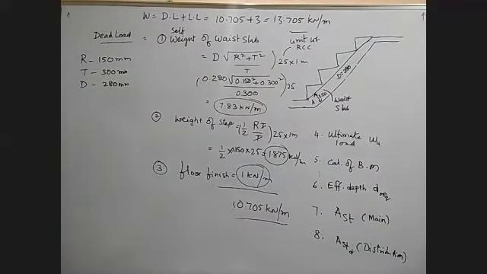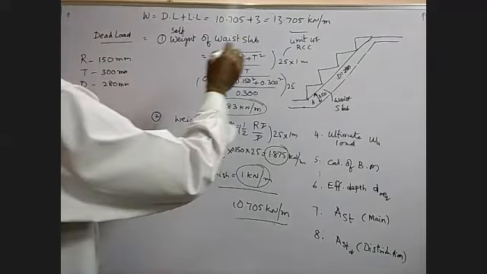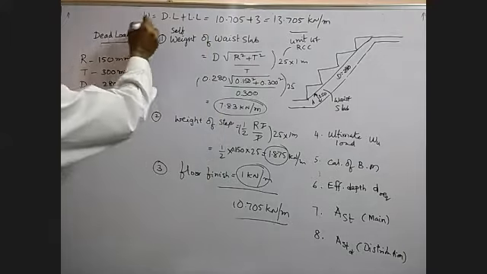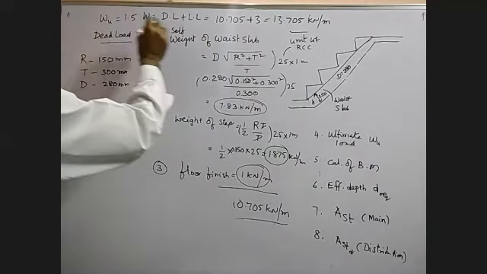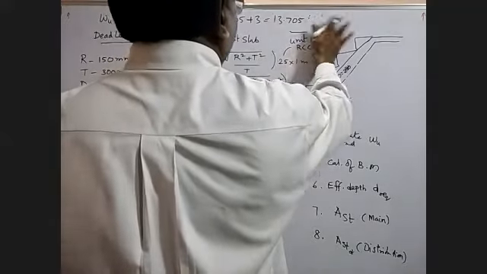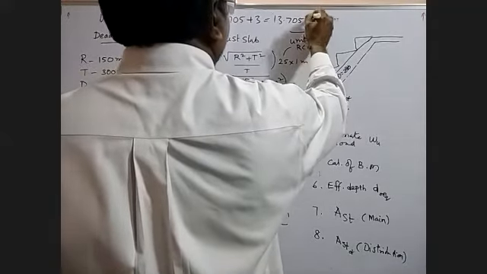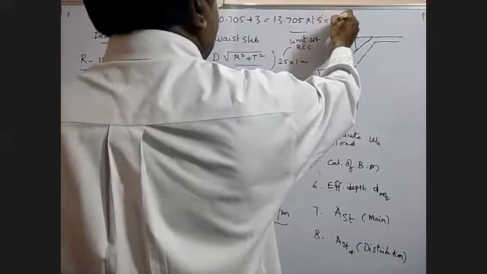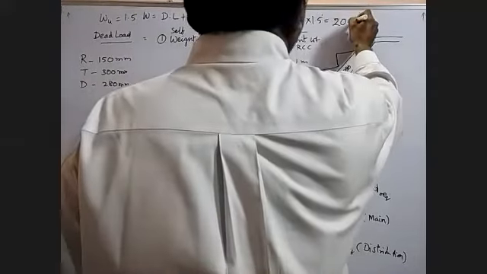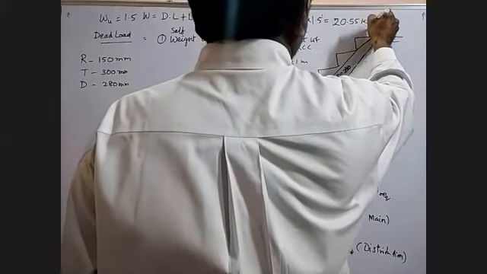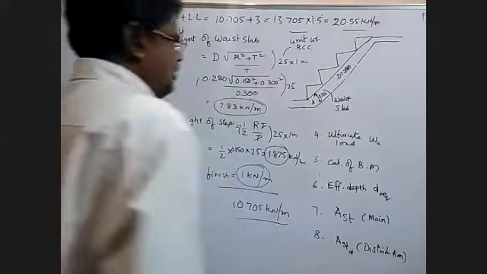Total load is equal to 13.705. Now the ultimate load WU is equal to 1.5 into W. So ultimate load is equal to multiplying with 1.5, you'll get 20 point something, 20.55.